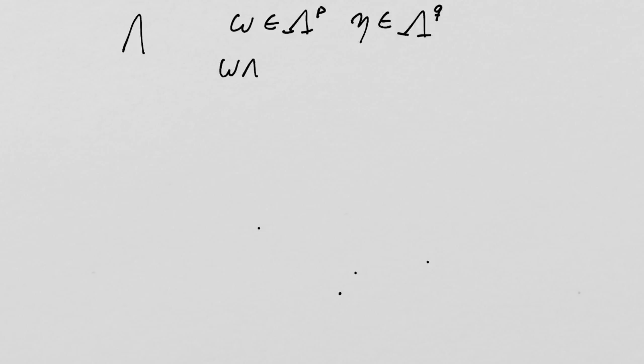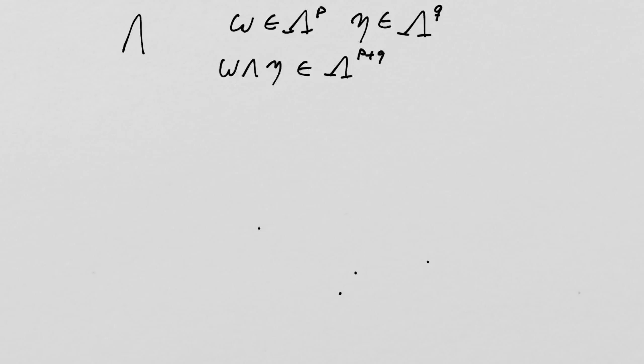If omega is a p form and eta is a q form, then omega wedge eta, first of all, we know that's an element of the p plus q forms.